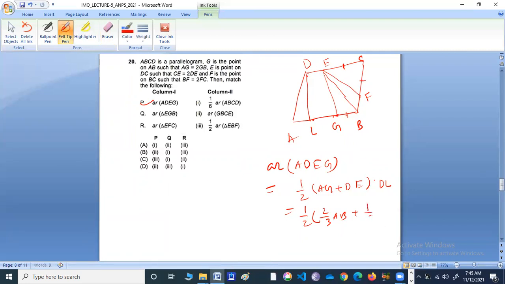So this will be 1/3 CD and DL as it is. Now since it's a parallelogram, CD is equal to AB. So half, 2/3 AB. CD is equal to AB, so 1/3 AB into DL.